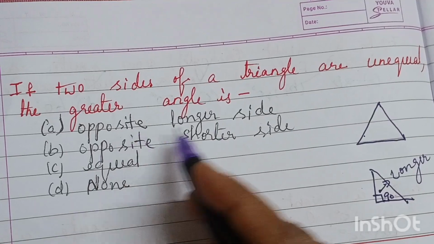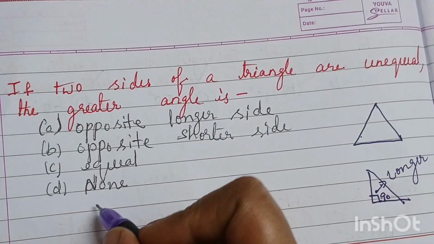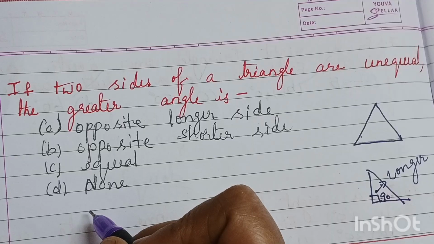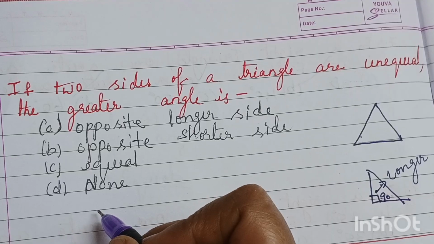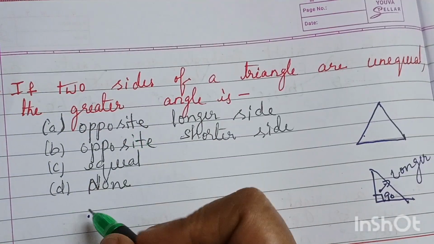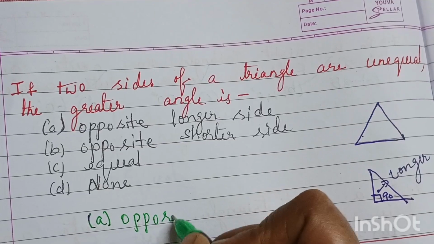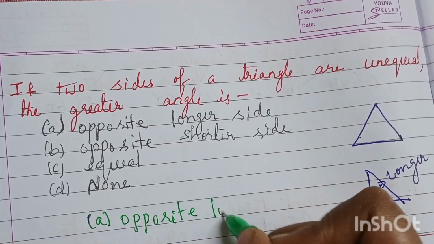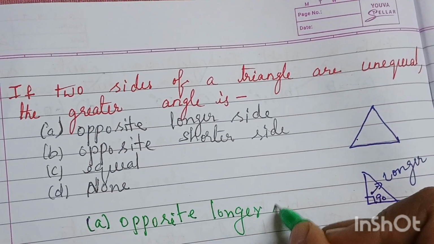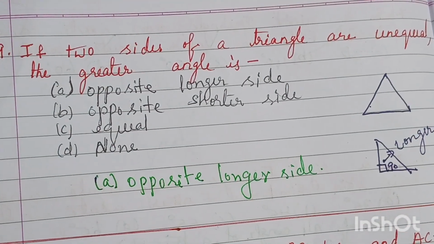So the answer is opposite to the longer side. If two sides of a triangle are unequal, then the greater angle is opposite to the longer side. So option A, opposite to the longer side, is the answer.